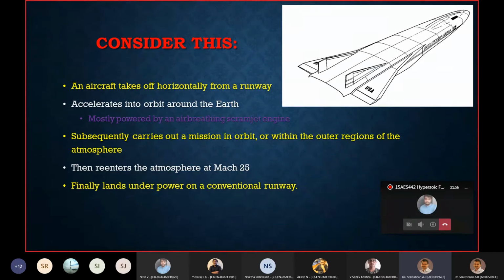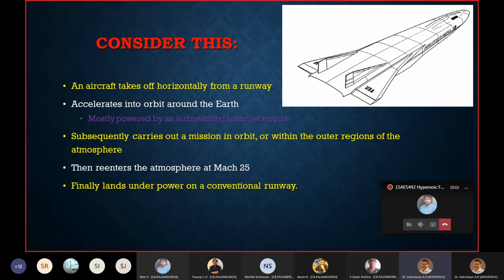Like in multi-stage rockets, we know that several stages are thrown away when their operation is over, which is what adds to the cost of space propulsion systems.